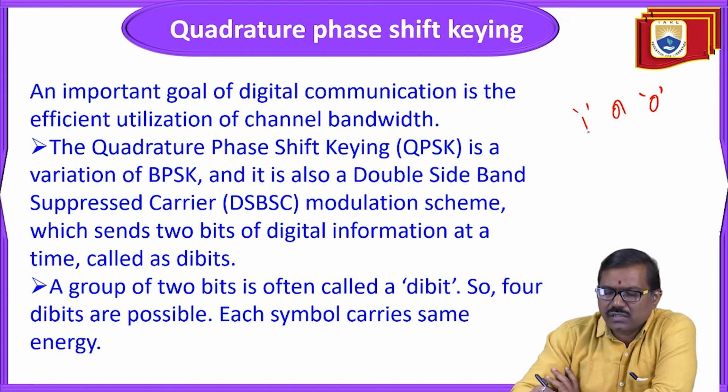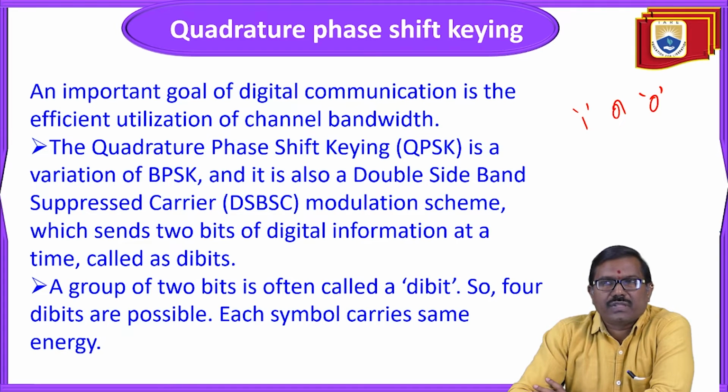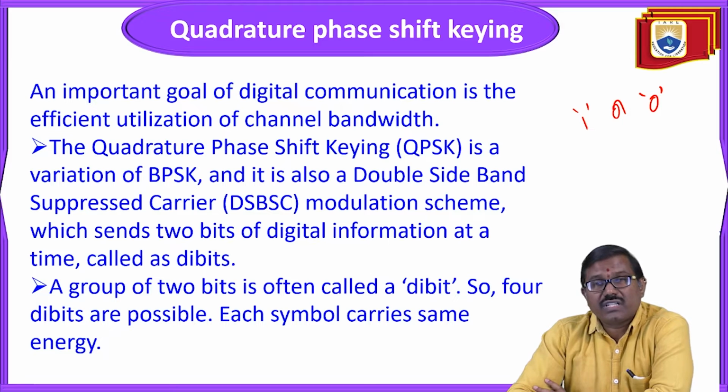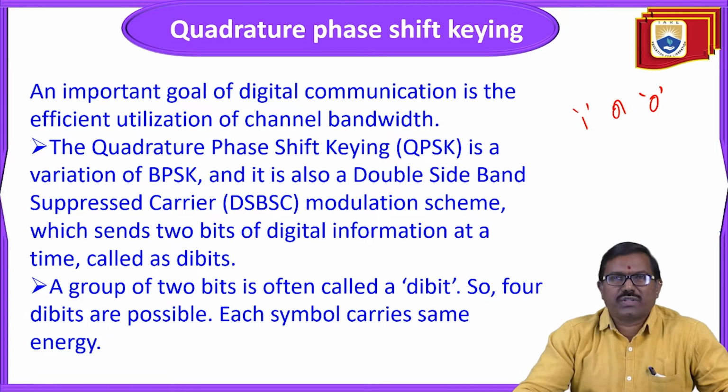This is a wastage of channel bandwidth. So we have an idea: we can send 2 bits at a time, and then we can utilize the channel more efficiently. That is why quadrature phase shift keying has come into the picture.